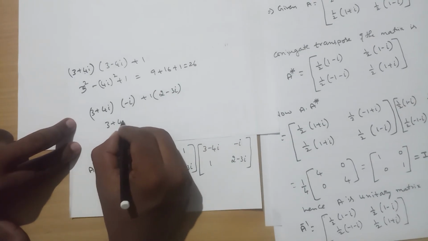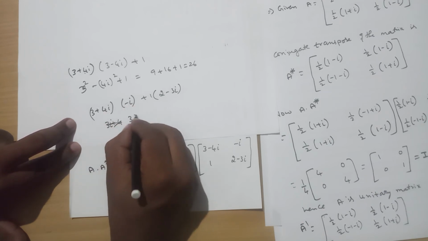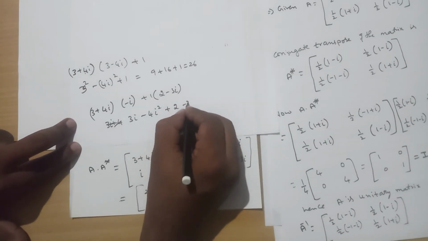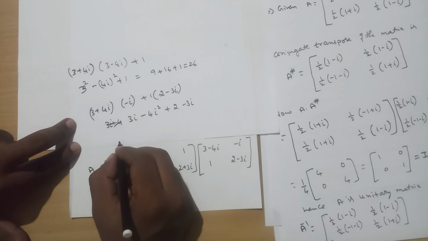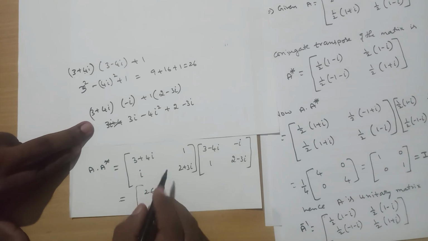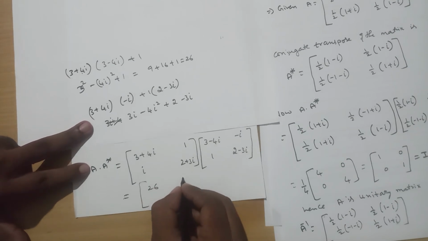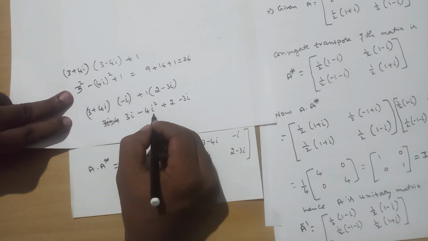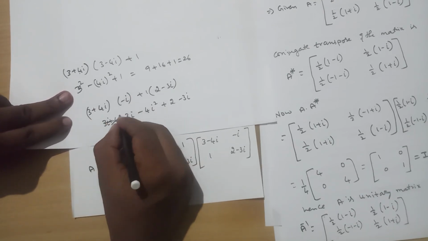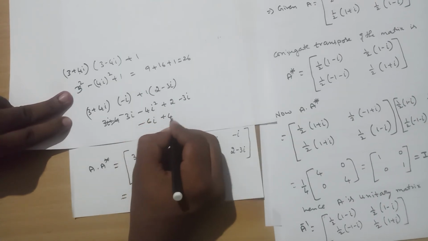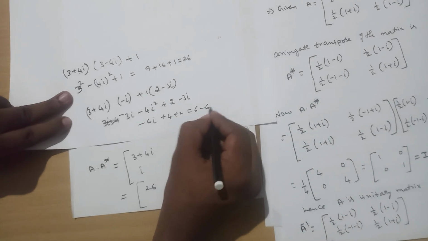So 3i minus 4i square plus 2 minus 3i. Here this becomes 6, minus 4i square minus 3i square. This becomes minus 6i, so this becomes plus 4 plus 2. So here 6 minus 6i.